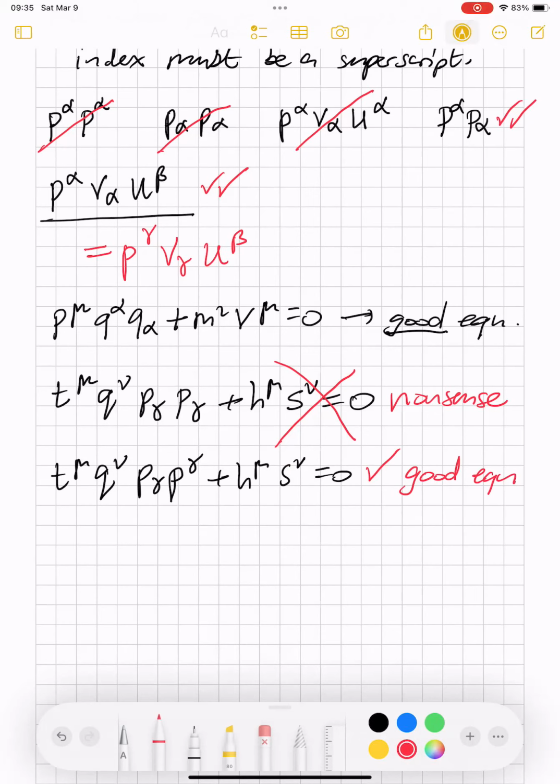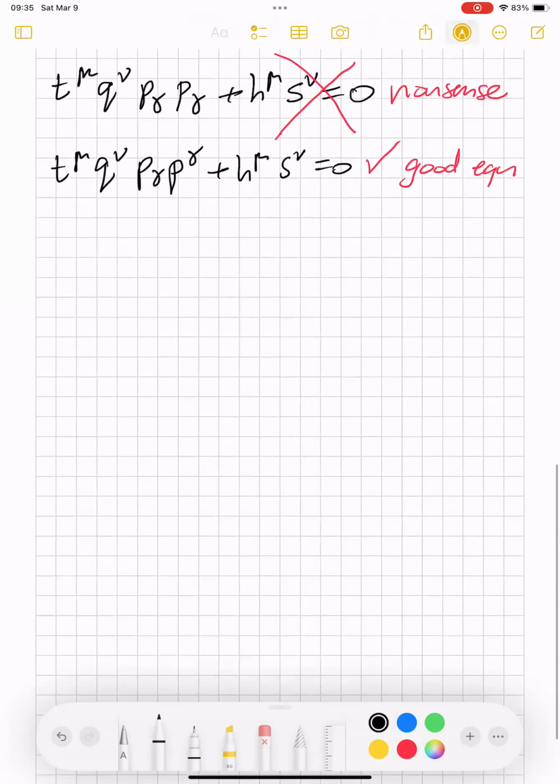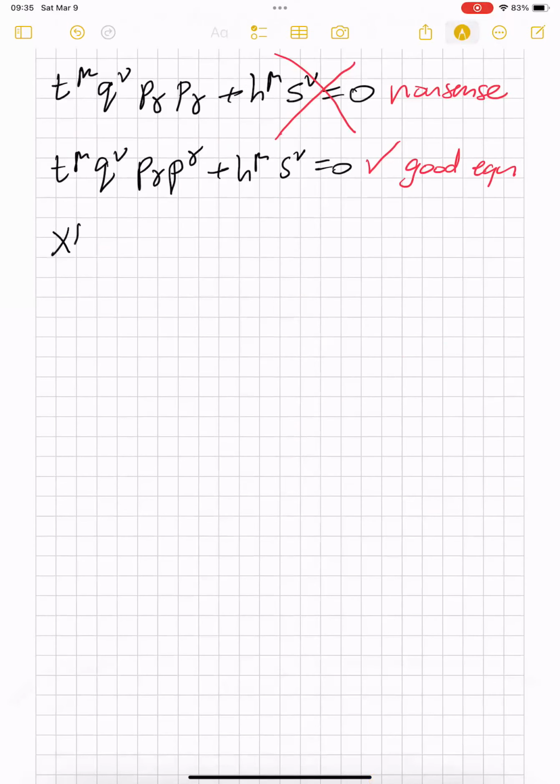Good. Okay. One last thing I want you to do, so I want you to try to do a calculation now. Let's take x mu to be t, x, y, z. So that's the contravariant vector. Now let's look at the covariant vector. So what would the covariant vector be? Well, it'll be t then minus x, minus y, minus z.